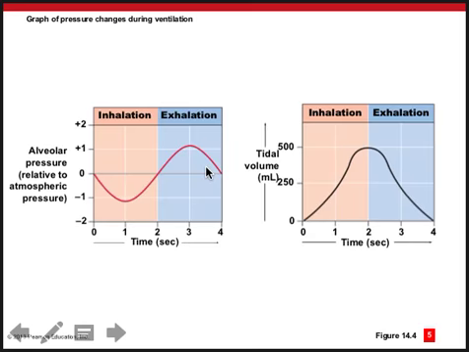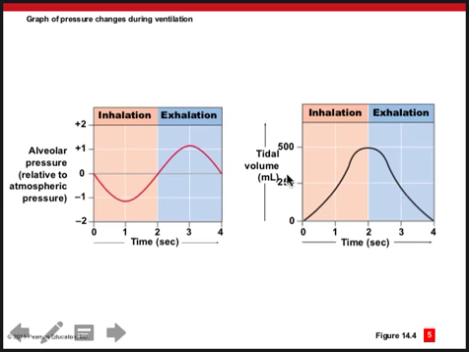What you're looking at here is just a plot of alveolar pressure during a breathing cycle. And on the right side, we have a plot of tidal volume during the breathing cycle, which is the amount of air that enters the lungs in a normal breath.